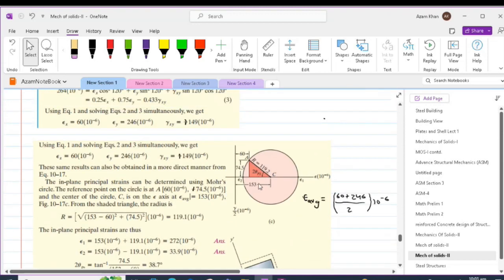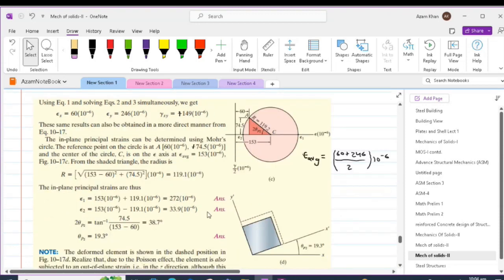In order to find out the plane on which the principal strains lie, we can determine theta p2 by taking tangent theta. Thus, 2 theta p2 is equal to tangent inverse of 74.5 divided by (153 minus 60), and we will get 2 theta p2 equal to 38.7 degree and theta p2 equal to 19.3 degree.